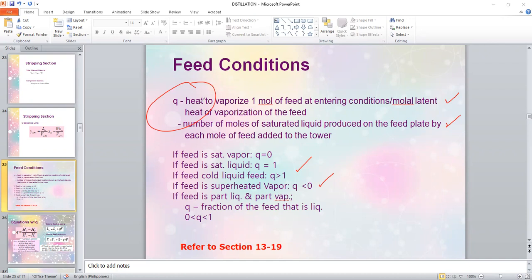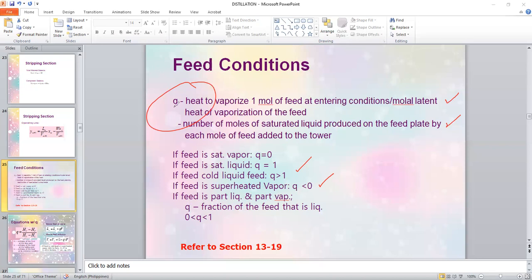So you have to make sure that the Q value that you have calculated or determined is correct, whether the procedure is graphical or analytical. So this has to be correct because the material balance part in distillation, wherein you use the overall material balance equation and the component balance equation, is just 2% or probably 5% of the entire thing that is related to the problem of distillation that you are required to solve. So it's very important that you know this Q.